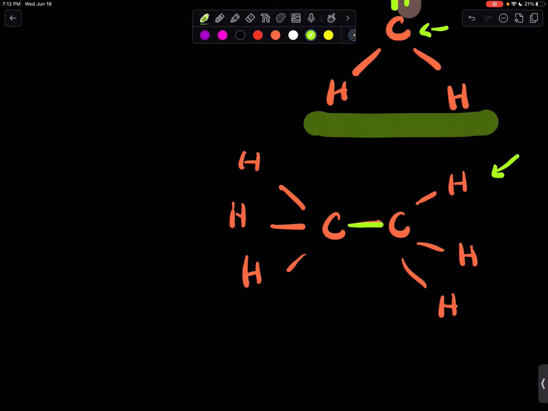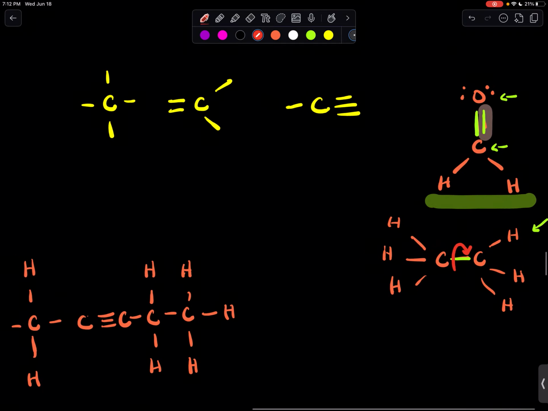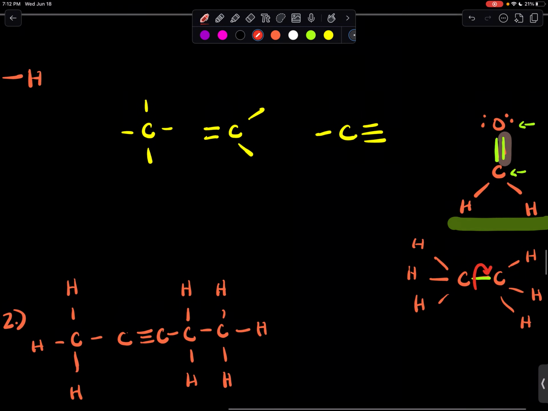This experiences free rotation. So sigma bonds experience free rotation at room temperature, which means they can rotate freely. Now this is going to help us with hybridization.